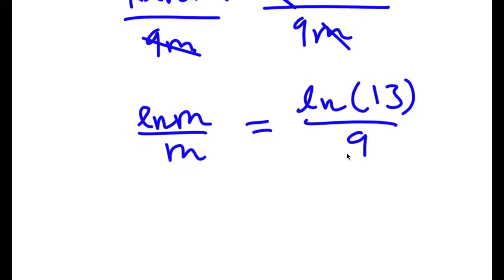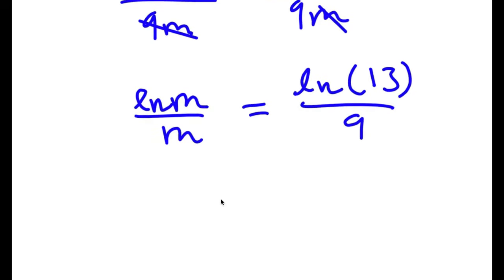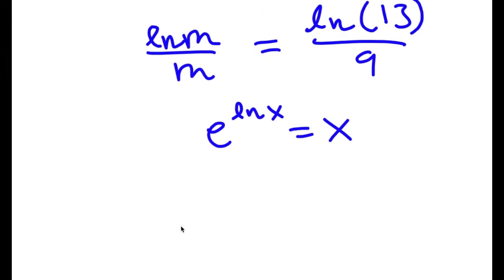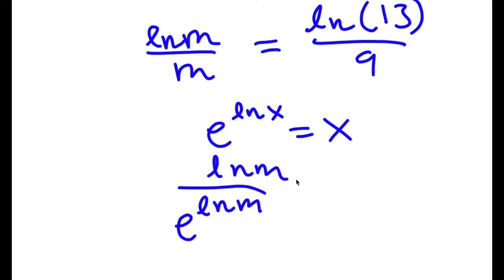Now, if I have e to the power of ln of x, this is actually equal to x, because the e and ln cancel out. So m here, e to the power of ln m, is equal to m. So now I have ln m over e to the power of ln m is equal to ln 13 over 9.